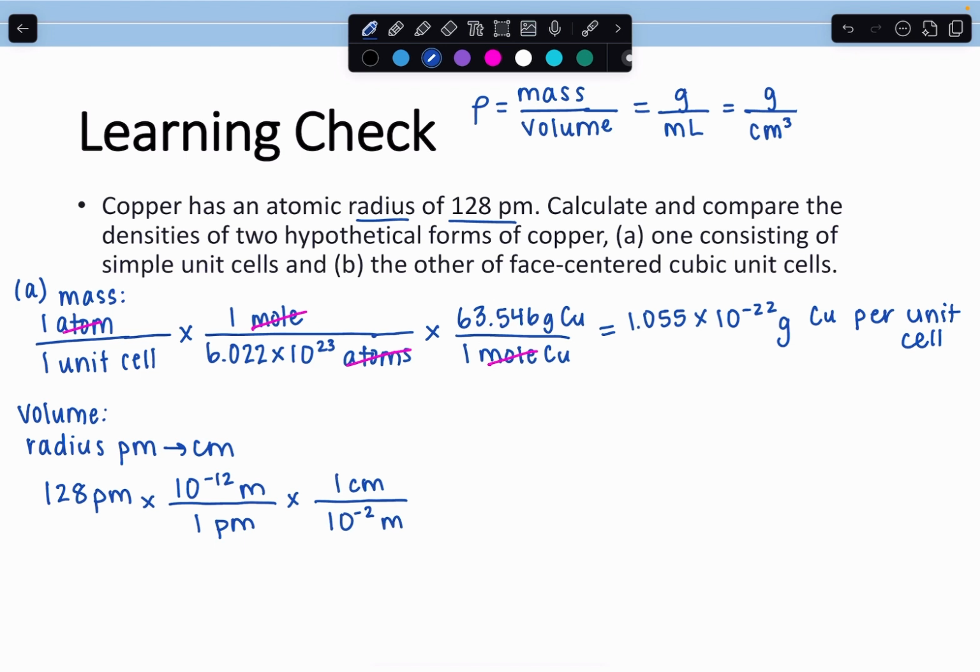You could go straight from picometers to centimeters if you want to look up that conversion. We cancel out picometers and meters, and we're left with centimeters. This is 1.28 times 10 to the negative 8 centimeters.